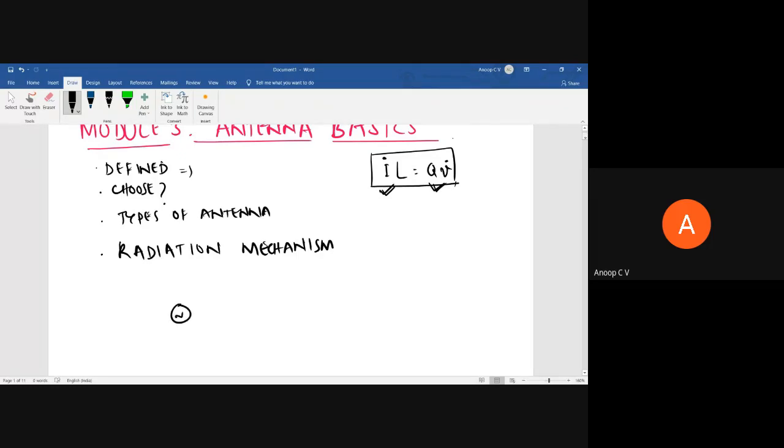We considered a transmission line, an open circuited transmission line. Ideally in an open circuited transmission line, whatever power is incident should be reflected back. In a transmission line we have a guided wave, an electric or magnetic field, and corresponding to the electric field we have voltage and to the magnetic field we have current. So this is a guided wave.